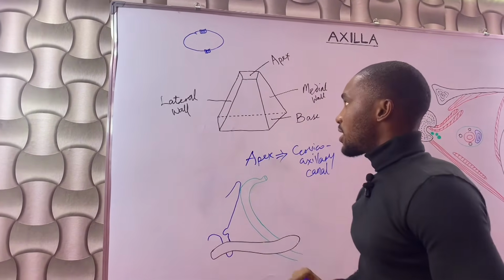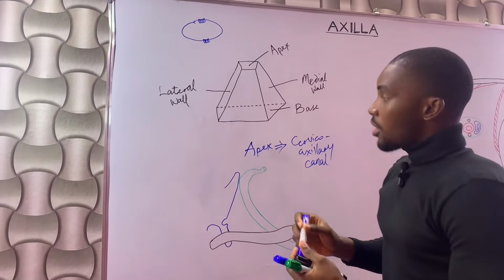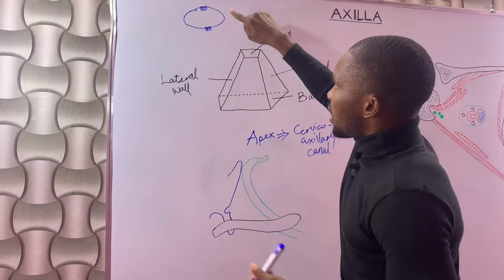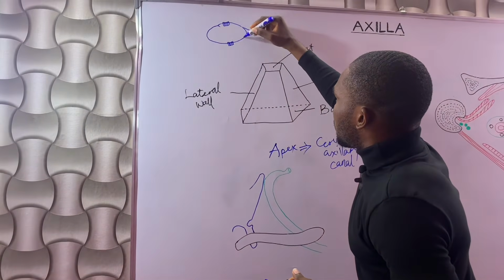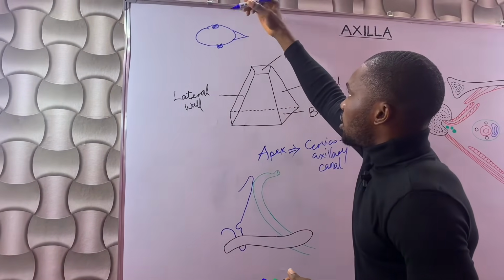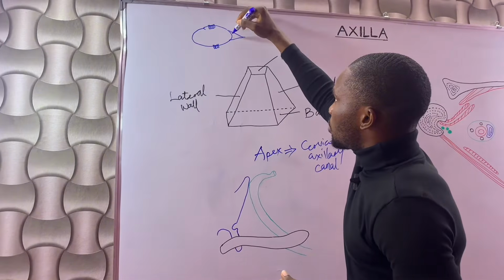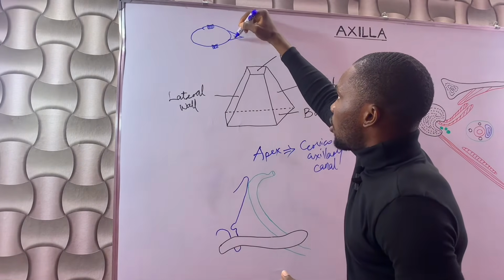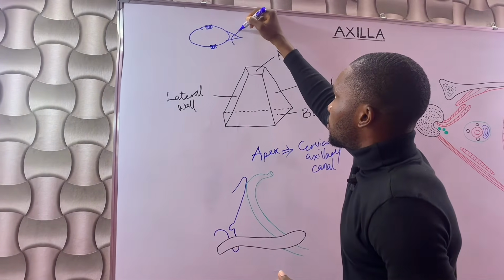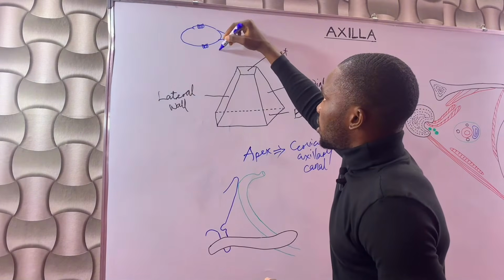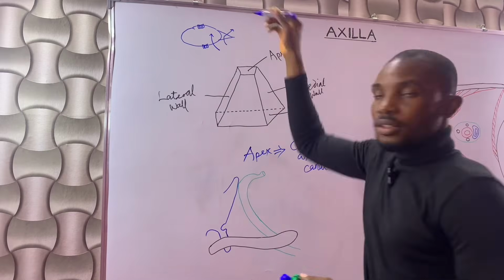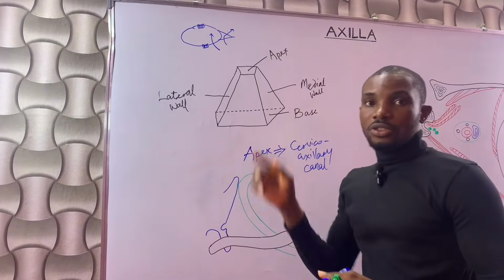However, for the axilla, structures pass from the neck to the side here. We'll have something like this over here. From the neck, it goes through here into the upper limb. But for the thoracic inlet, it is from the neck into here. I'm sure you got the illustration.